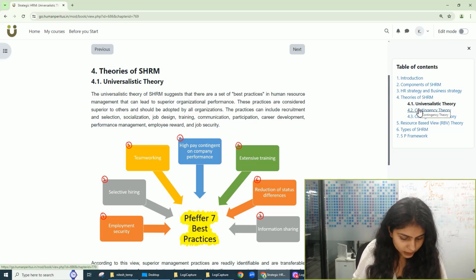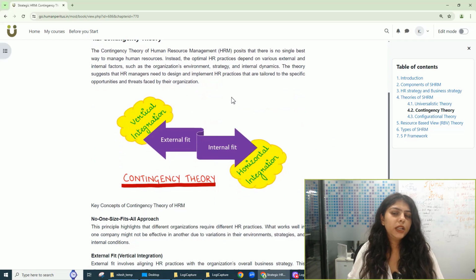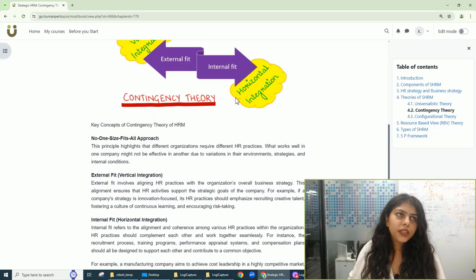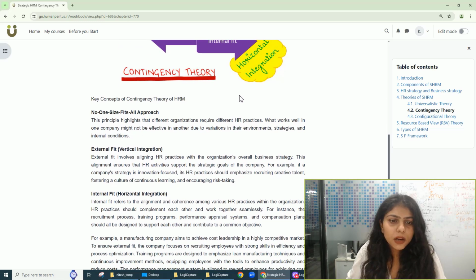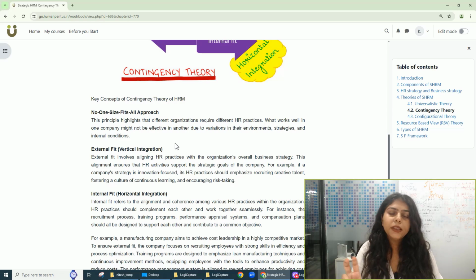Now, from that, we move on to contingency theory. What does the contingency theory say? The contingency theory abides by a concept called no one size fits all. Essentially, there is no one approach that will fit all of the situations or all of the industries the same way. There is no one theory or one practice that should be implemented in all industries.